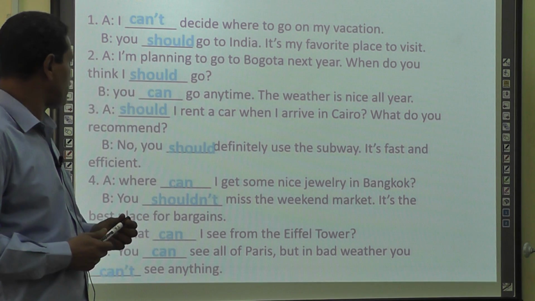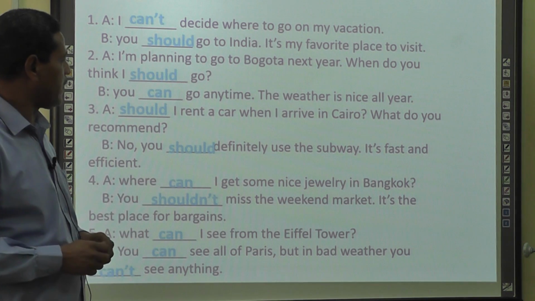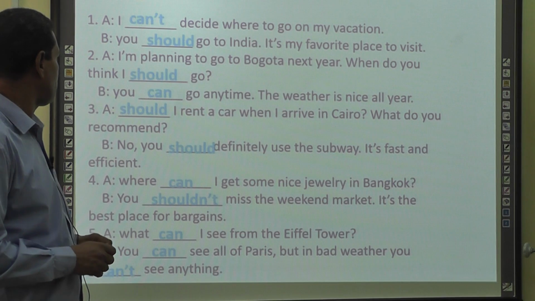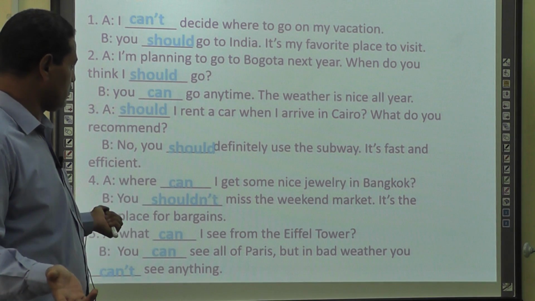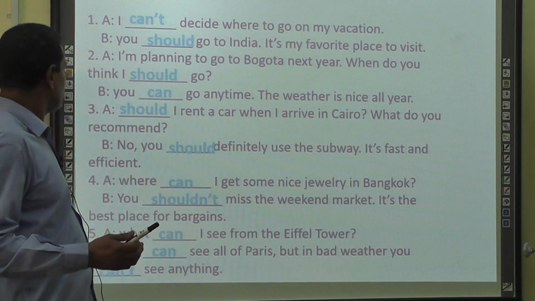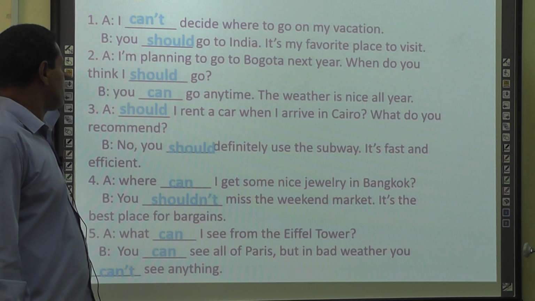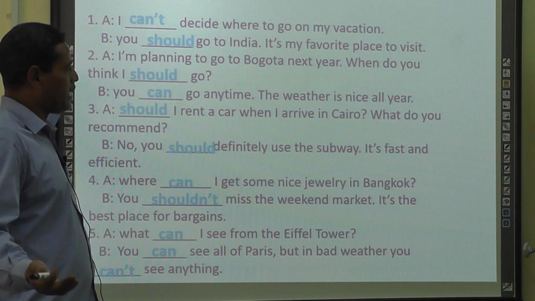In the second conversation, this person is planning to go to Bogota next year. He has a plan already, but he wants to know about the places he can visit or should visit there. So that's why he asked, when do I go?